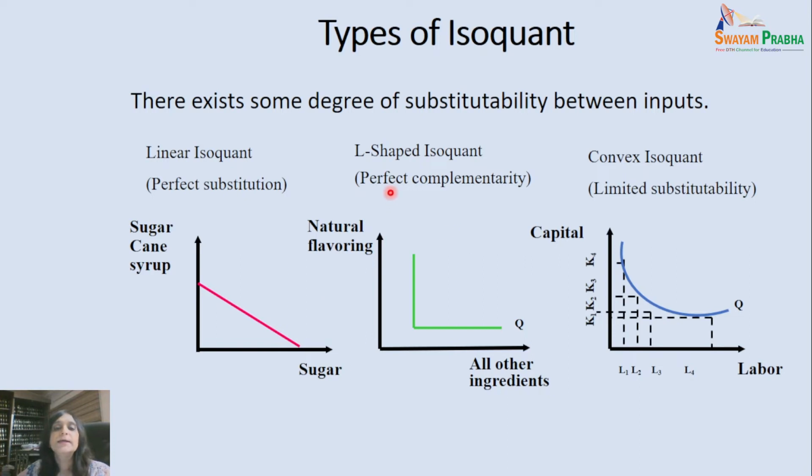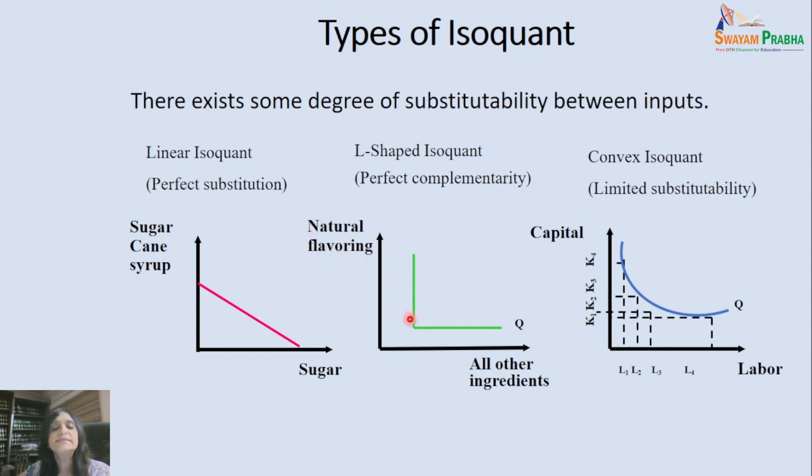The second type of isoquant is an L-shaped isoquant, where these inputs are perfect complements to each other. That is, there is a fixed combination in which you will be using these two inputs. For example, there is a fixed combination of all the other ingredients that you are using to produce juice and the natural flavoring that you are adding in the production of juice.